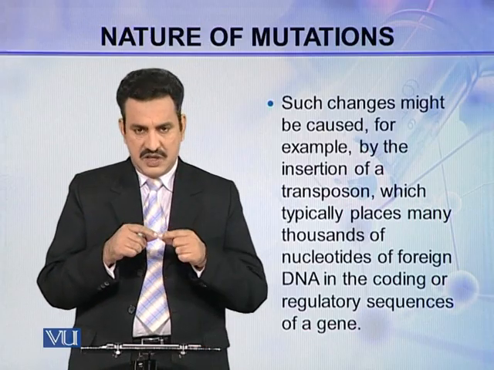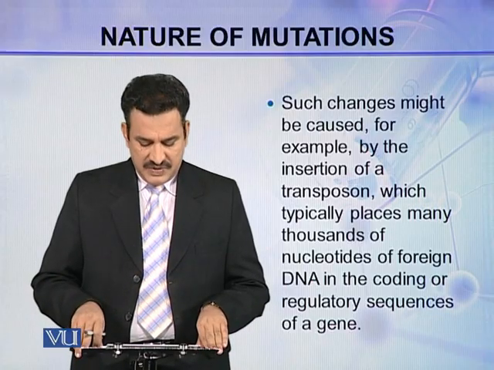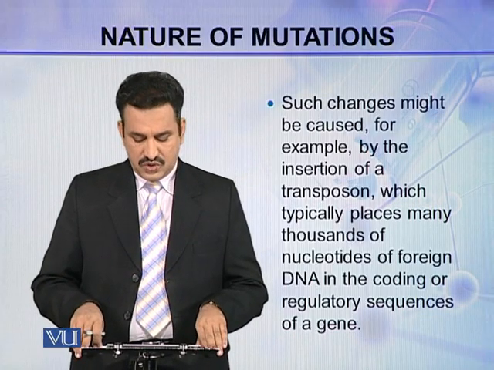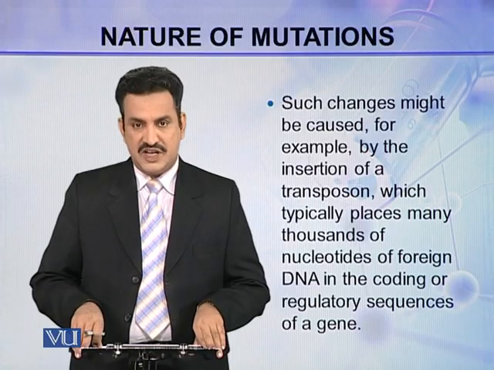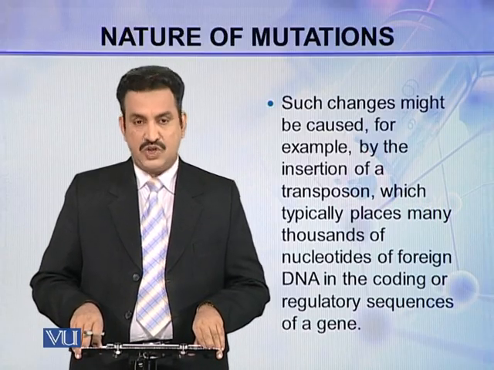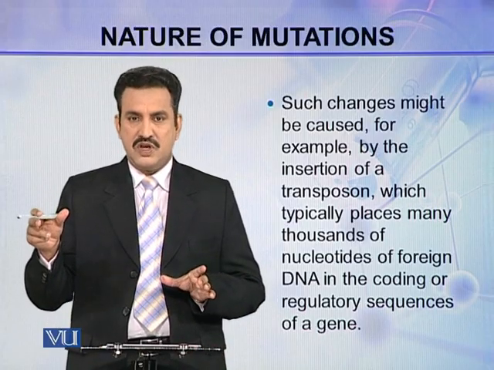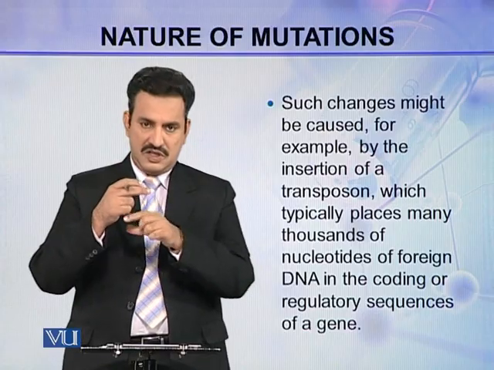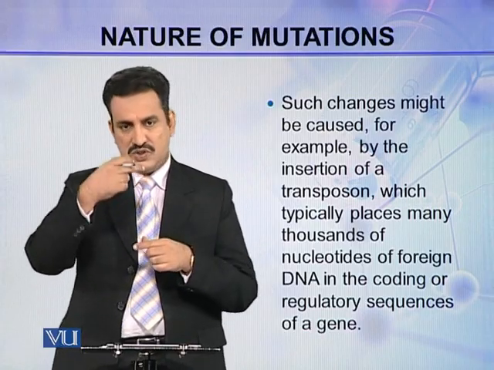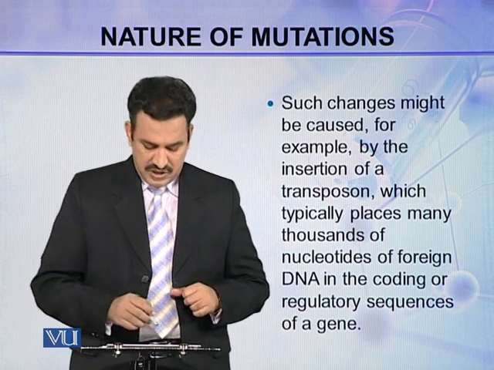A transposon is a sequence of nucleotides which typically places many thousands of nucleotides of foreign DNA in the coding or regulatory sequences of a gene. So, this transposon may be inserted in the normal sequence of a gene, and it will disrupt that gene.